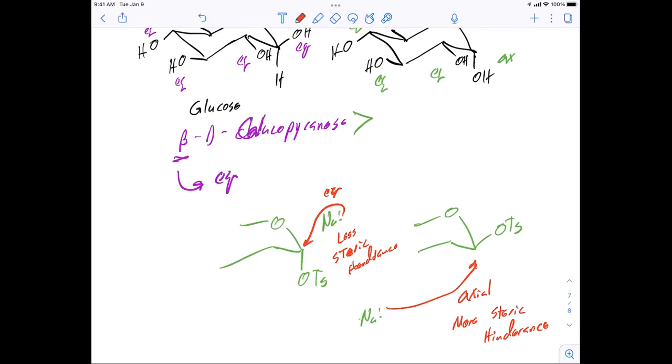So the alpha is less stable, but the alpha is also what? More reactive to backside attack, right? So that's going to be important as we start to look at our disaccharides and our polysaccharides.